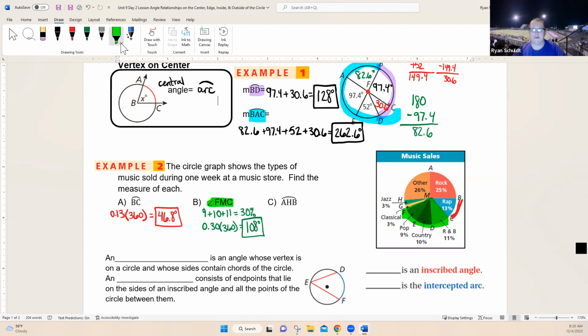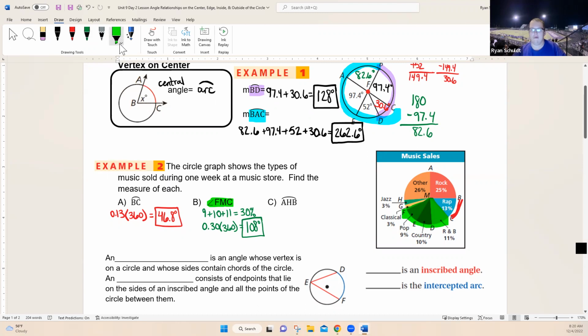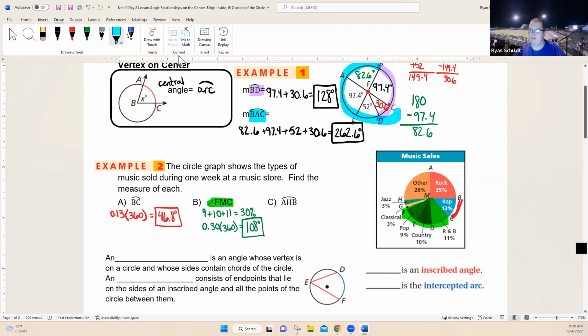And the last one for this example. It wants to find the measure of arc AHB. Well, what do we know about that one? It includes everything but this 25% right here. So it doesn't include a quarter of the graph.